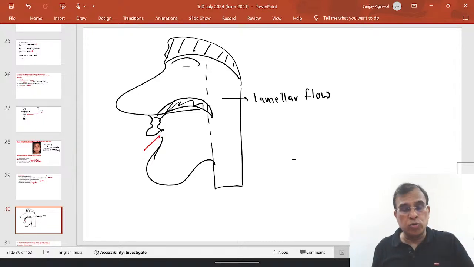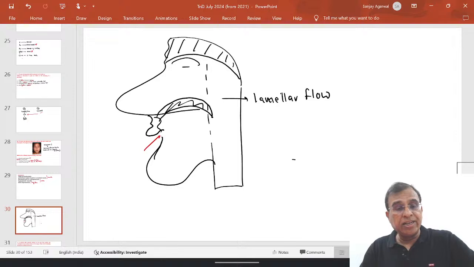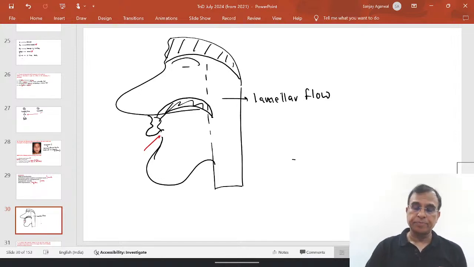So the nose tends to close, and because the maxilla is not used, the maxilla also tends to close and become small. So the mouth is trying to become like the nose, and the nose is trying to close, and the net effect is the adenoid faces. So that is the easiest way of remembering the adenoid faces that we discussed.